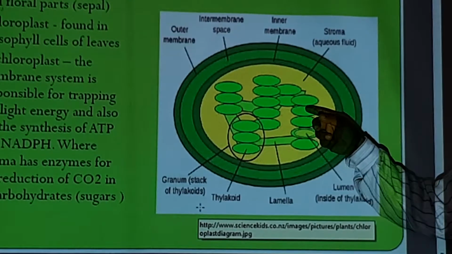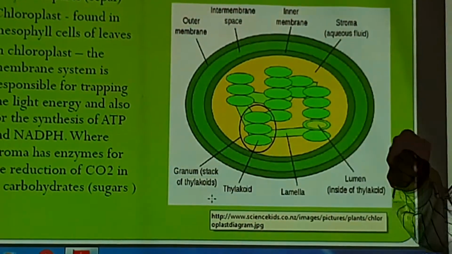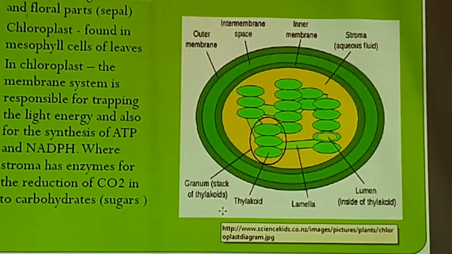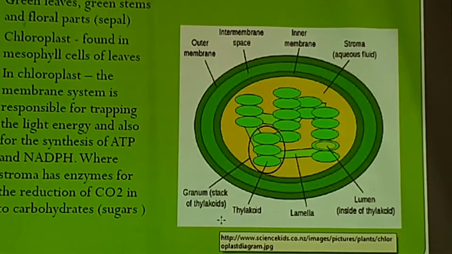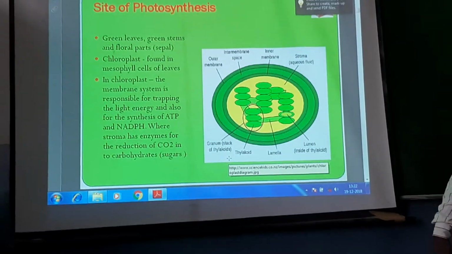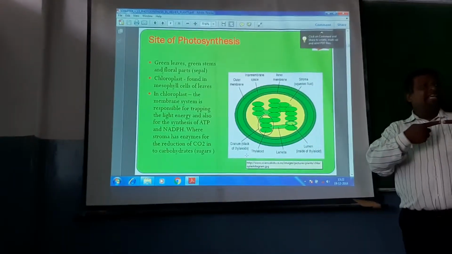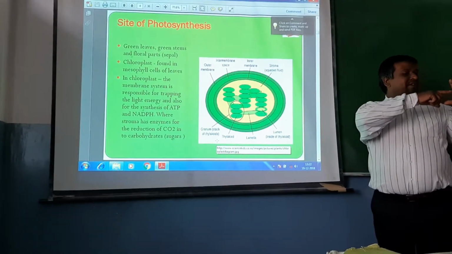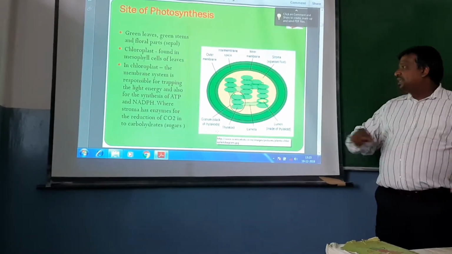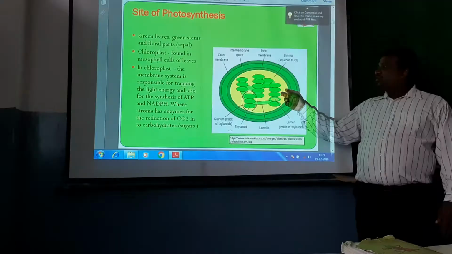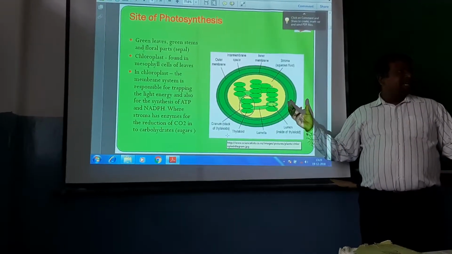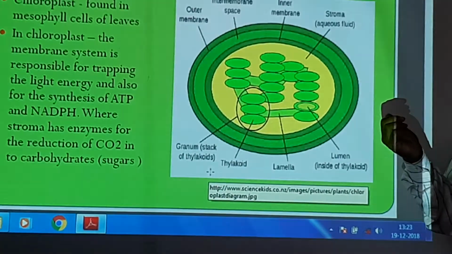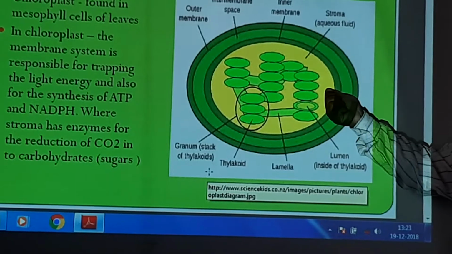Then these thylakoids are interconnected by bridge-like structures called thread or stroma lamella, or we can also call them stroma thylakoids. They are connecting these piles of grana. Granum has thylakoids arranged one above the other. So this stroma is the place where the dark reactions take place, especially the Calvin cycle. They take place in this stroma.